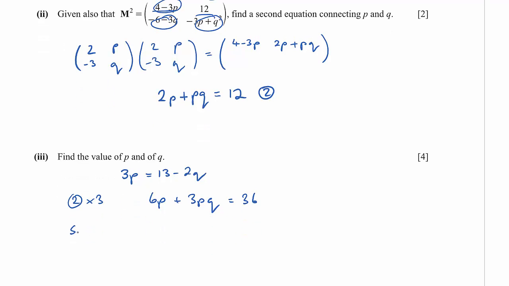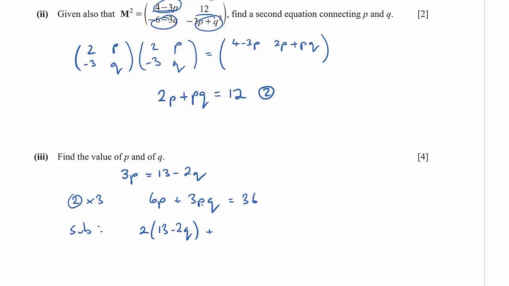And then I'm going to substitute. So I've got 6p, and of course I'm actually substituting that 6p as twice 13 minus 2q, because 3p is 13 minus 2q, 6p is twice that.